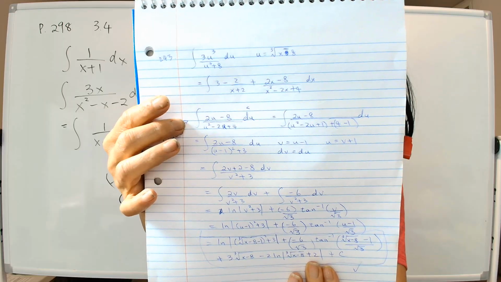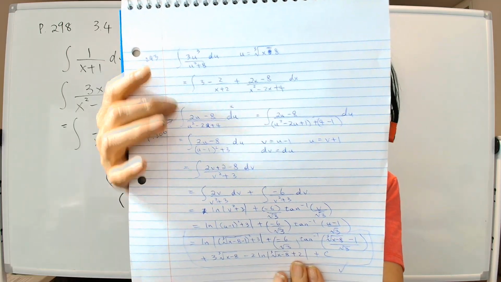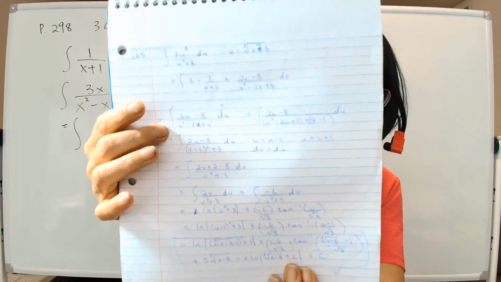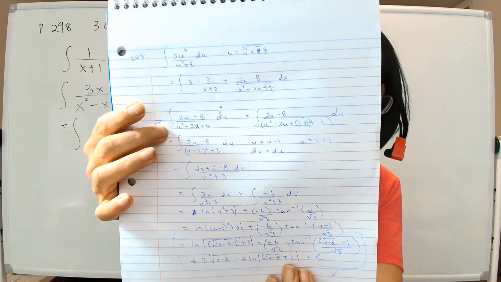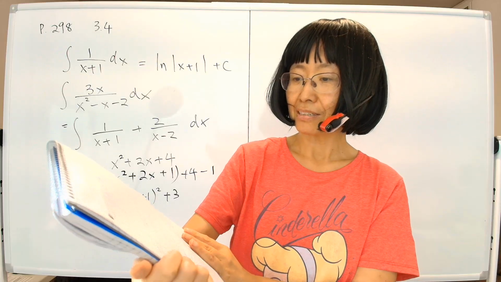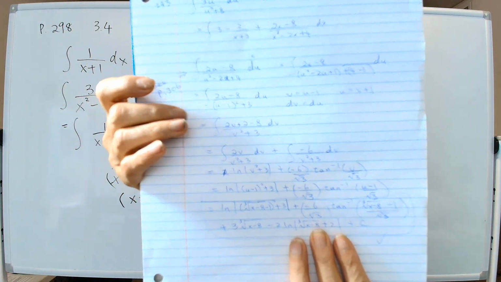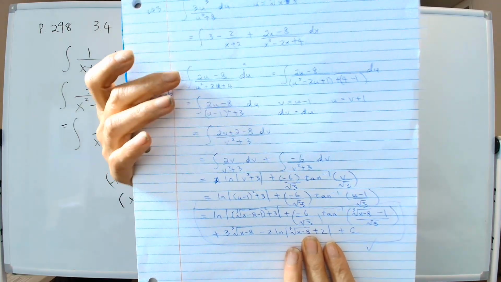For some reason I wrote down x here. This is still u here. Okay, so we've gone back to the u situation. I think you have to do the completing the square trick, because that cannot be factored.